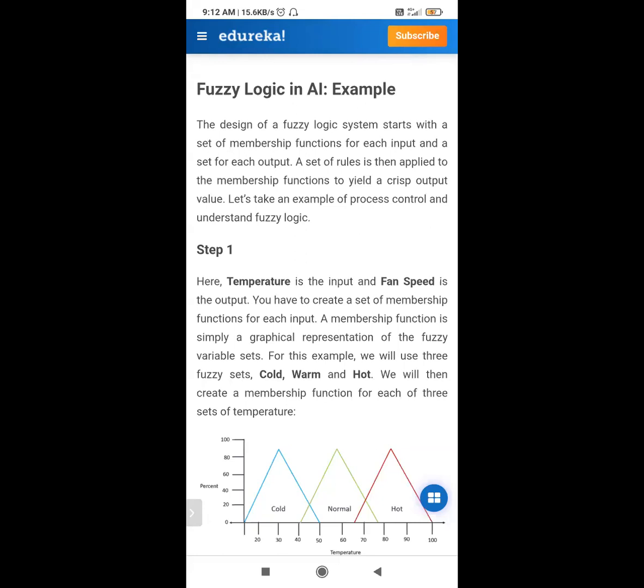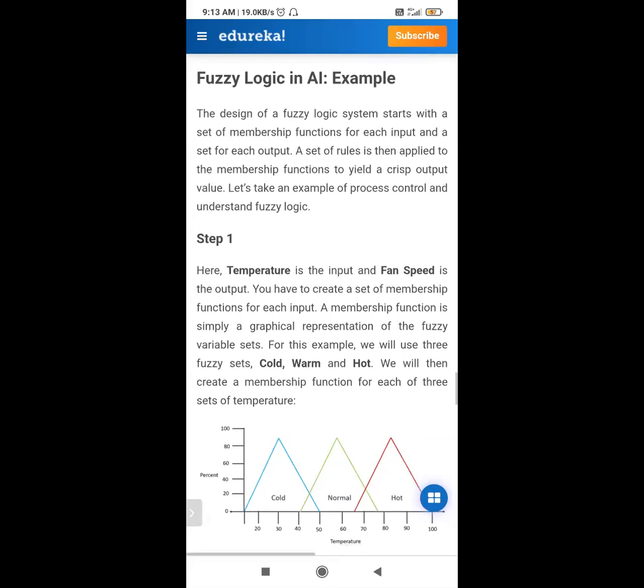Now a set of rules is to be applied to the membership functions to yield a crisp output value. So first we need a set of membership functions for each input, and to get a crisp output value, we need to apply a set of rules to the membership functions. So this is the process of applying fuzzy logic in the fuzzy logic system.